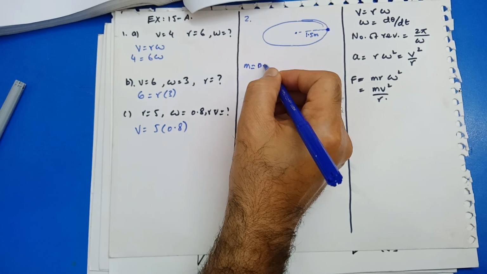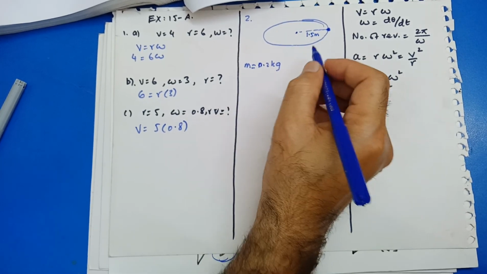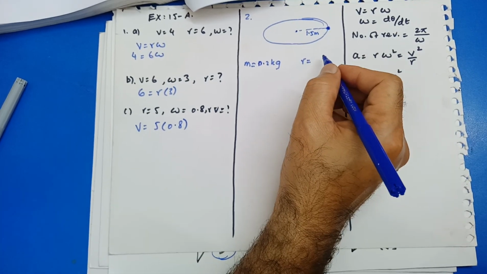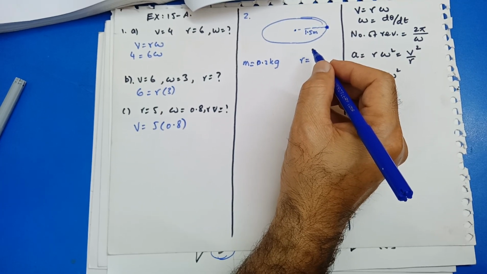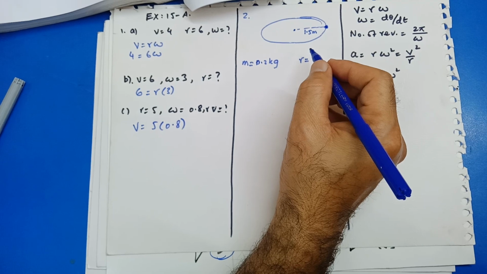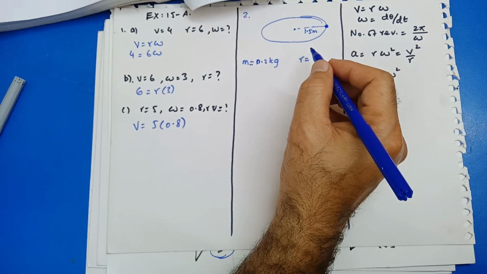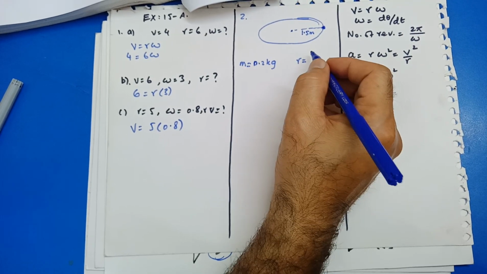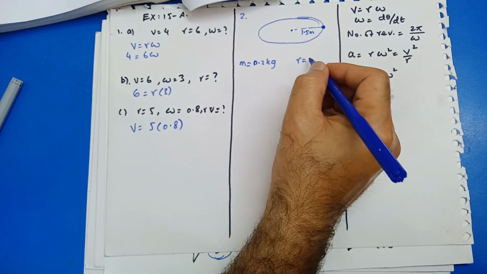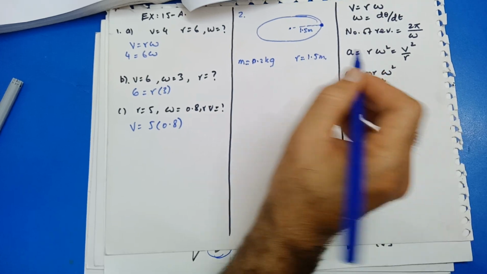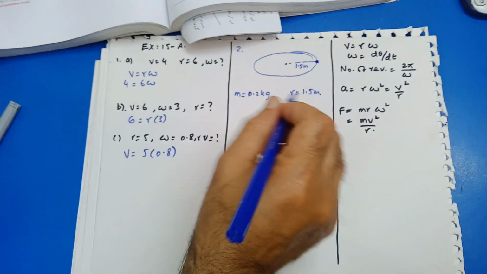The length of the string is the radius, so the radius would be 1.5 meters, okay.